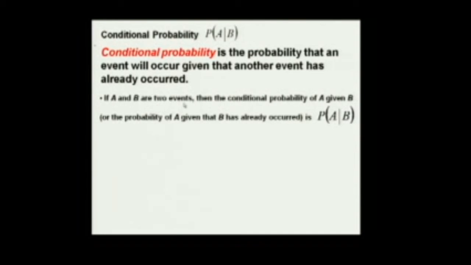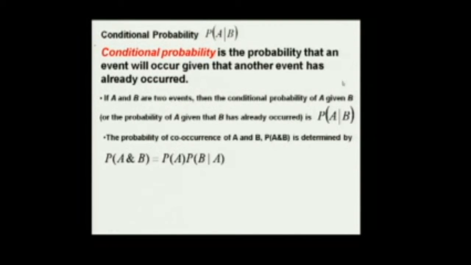If A and B are two events, then the conditional probability of B given A will be given as follows. What we are interested in is B given A. And what you see here, P(B given A) is equal to P(A and B) divided by P(A).